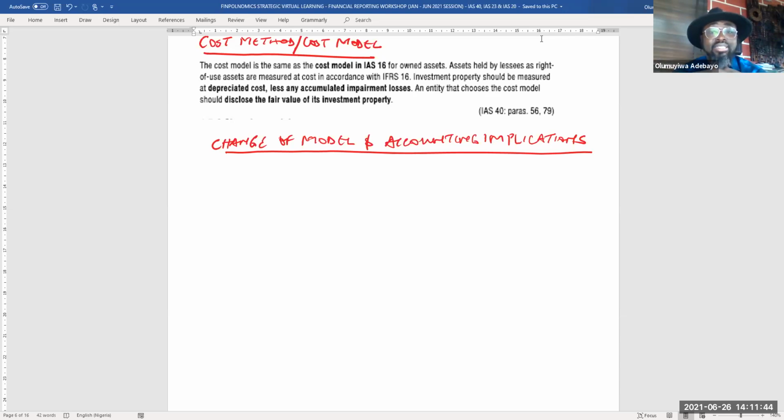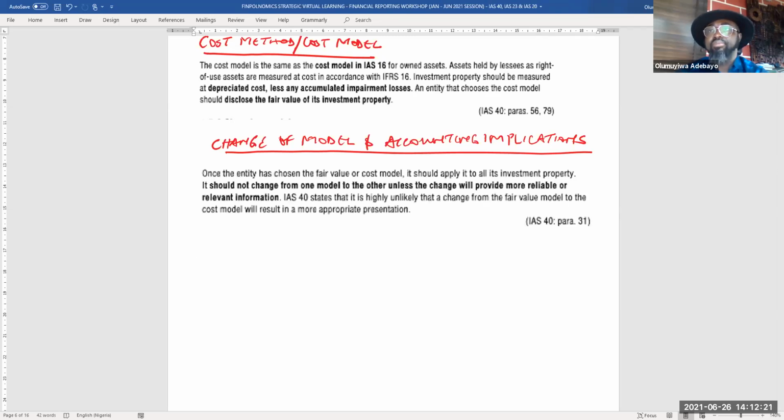And where there seems to be a lower value in which it has to be recognized, such presumed fair value loss will also be recognized in accordance with the requirement of IAS 16. And what is that? We are going to look at it. Now, let's look at it one by one. I want somebody to look at this and try to make meaning out of it as we move on. Over to you guys.